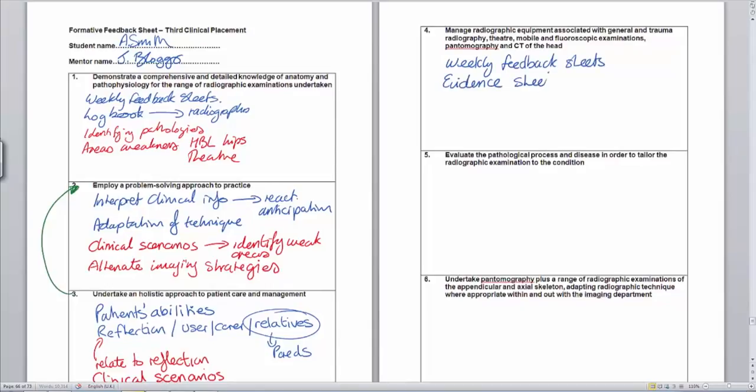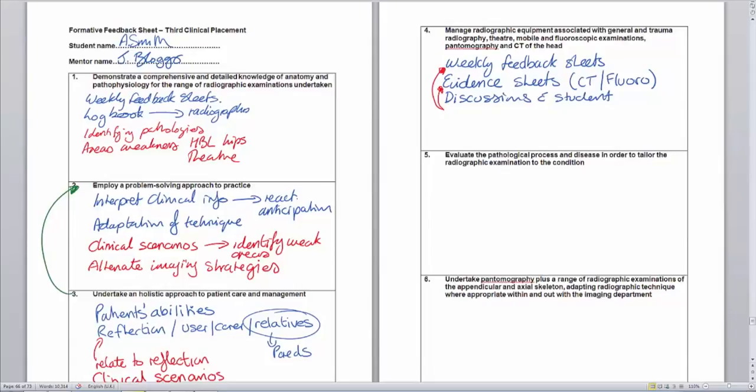So these evidence sheets are from the CT or even the fluoro room and those sorts of things as well. And again, you're tailoring your feedback for these particular ones to what's being stated by the radiographers in and around those evidence sheets as well. The other thing that you can also look at, of course, with all of these is discussions, because that can be quite important as well.